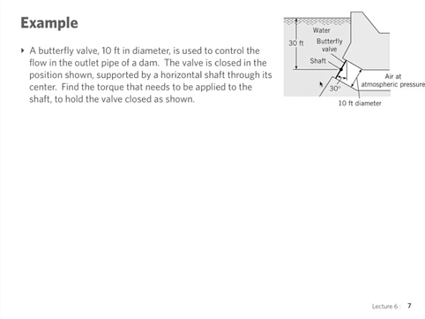It's a very classic engineering problem for our equations of fluid statics. We're given the depth at which the centroid of that valve is located, and the pipe is at just atmospheric pressure.